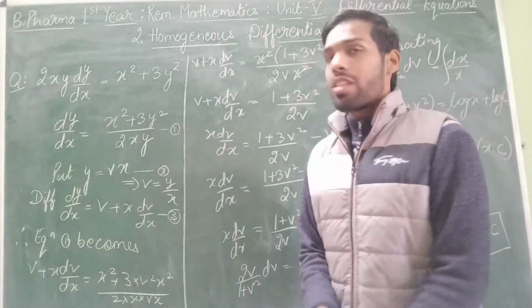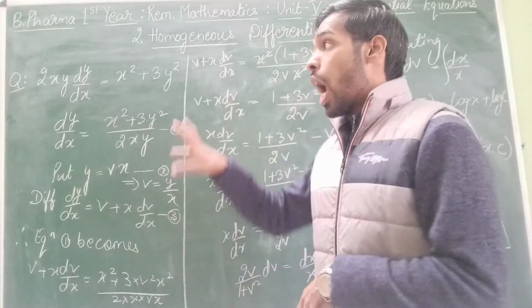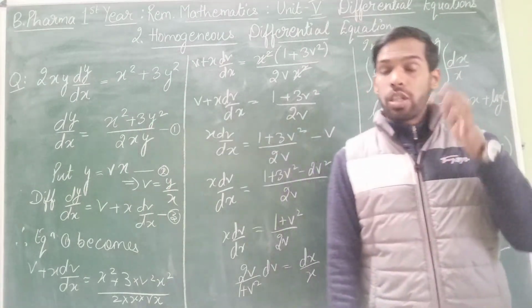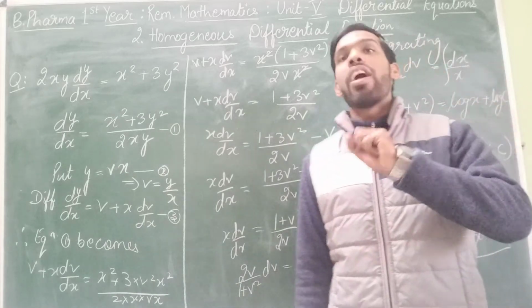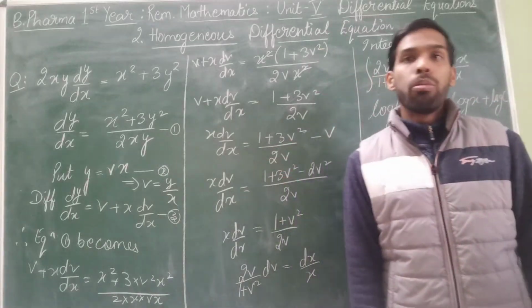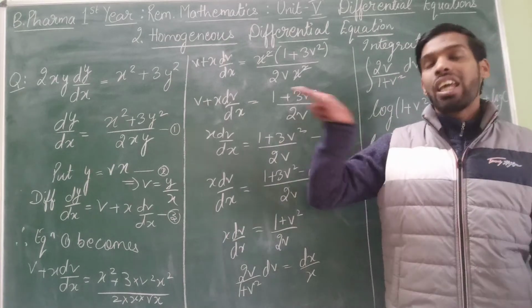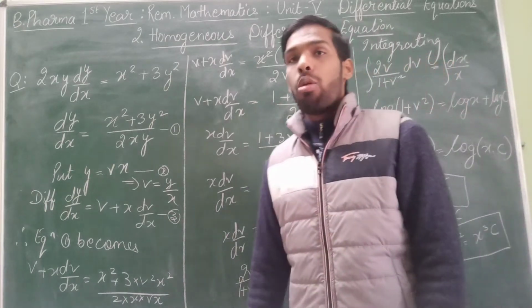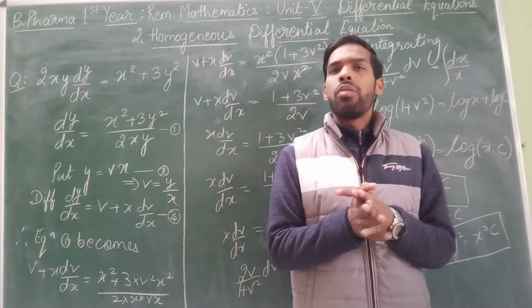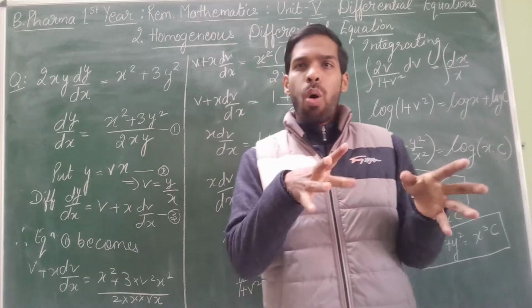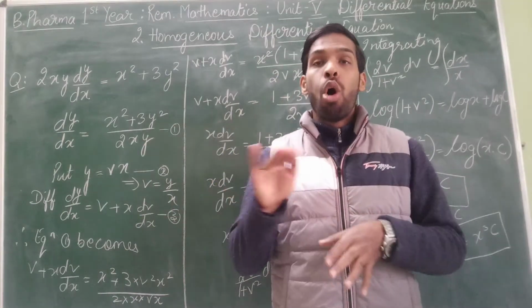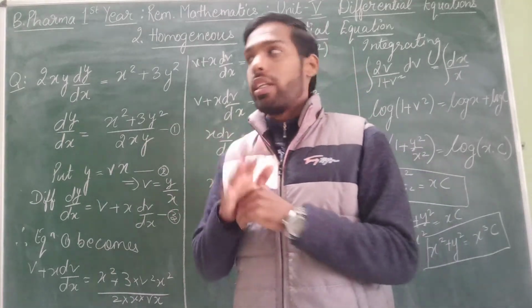Okay, so let me tell you how you are going to identify in a given question whether it will be solved by the homogeneous differential equation method, or whether the given differential equation is homogeneous. We have studied in chemistry what homogeneous mixtures are, in which all the mixed ratios are the same. Homo means same, constant.